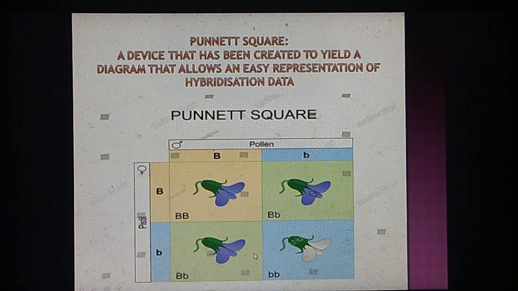Here each of the possible gametes is placed in the individual columns as well as rows, with the vertical column representing the female gametes, that is the eggs, and the horizontal row meant for male gametes. The gametes are then arranged in all possible combinations in the boxes, with their genotypes.